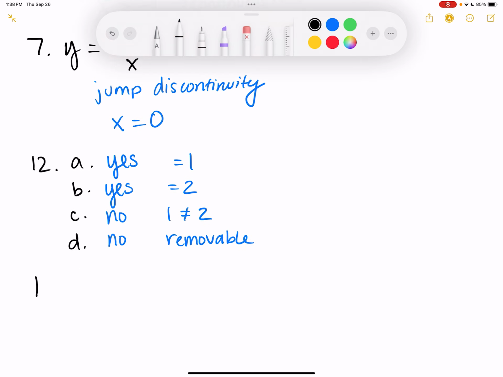All right, 14. At what values of x is f continuous? From -1 to 3, except at x equals 0, 1, and 2.